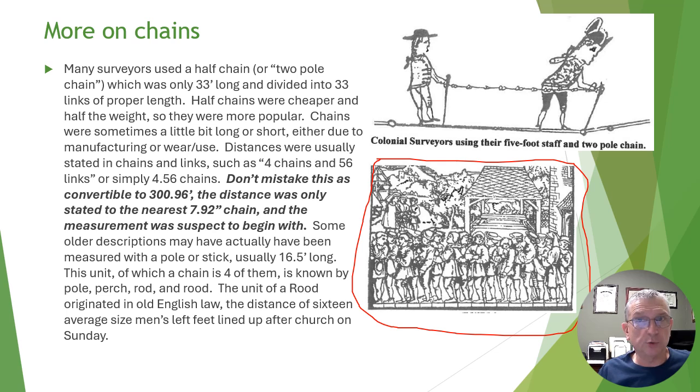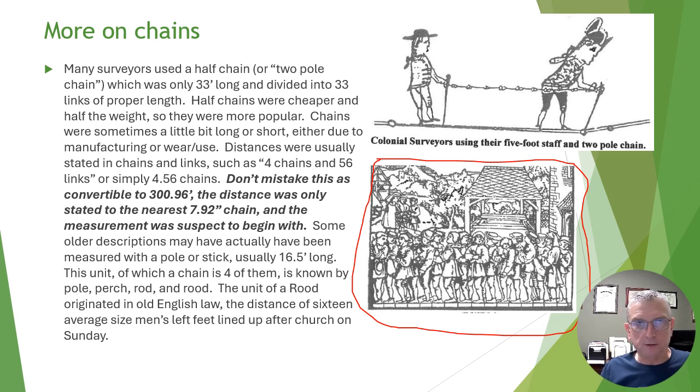Keep in mind, there was no English foot of 12 inches. There was nothing. So they said that what they would do is take the average of several observations of 16 average men after church with shoes on. Everybody wasn't wearing shoes all the time, but these men with shoes on, 16 of them, lined up, left foot to left foot to left foot.